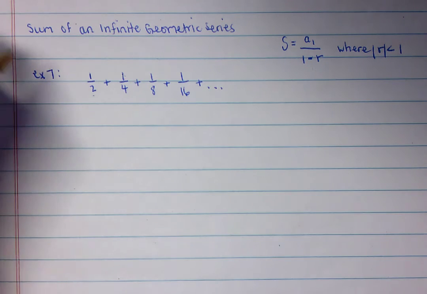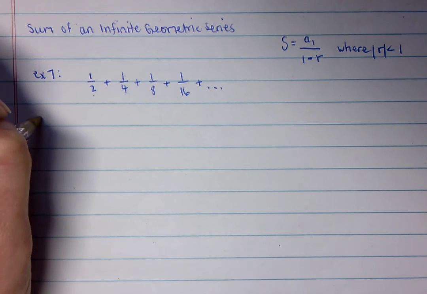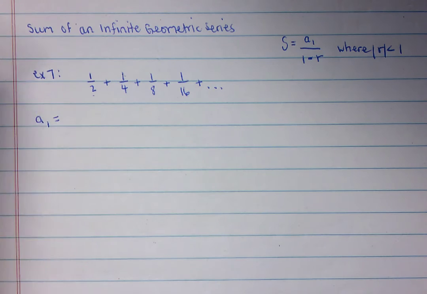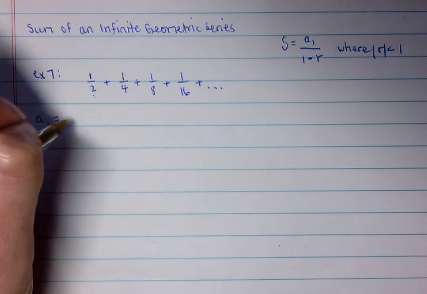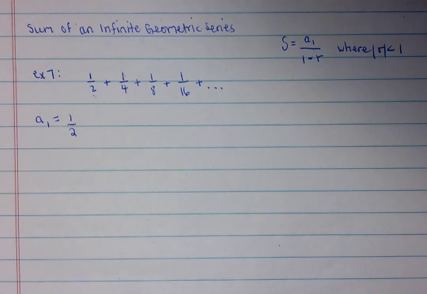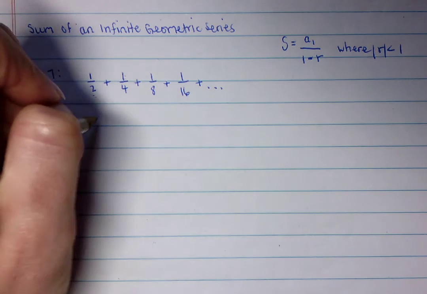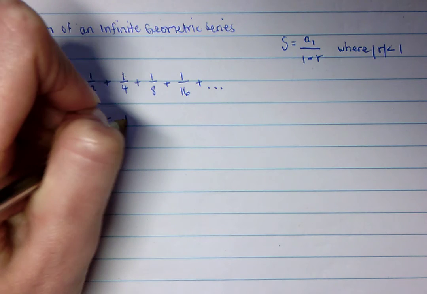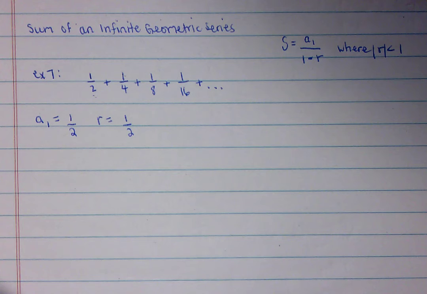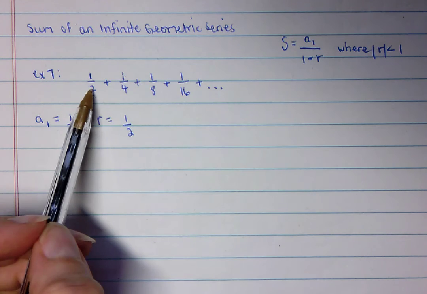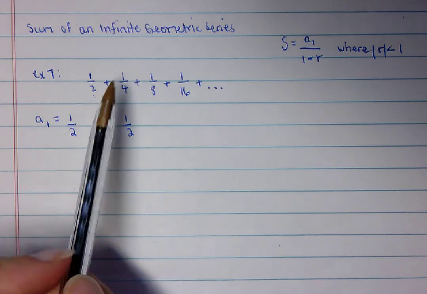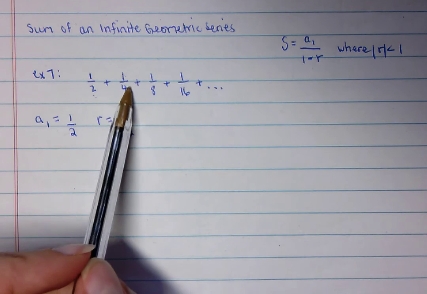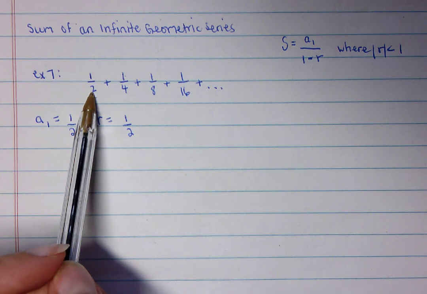If we were to find the sum of this, we need to know a sub 1, which is the first term, so that is 1/2. And r is equal to 1/2 as well. If you wanted to find r, just to make sure, you could divide 1/4 by 1/2.